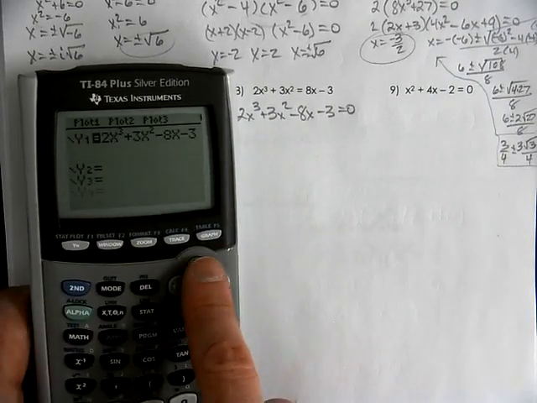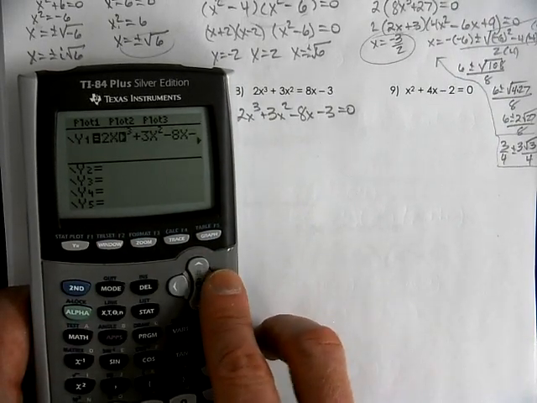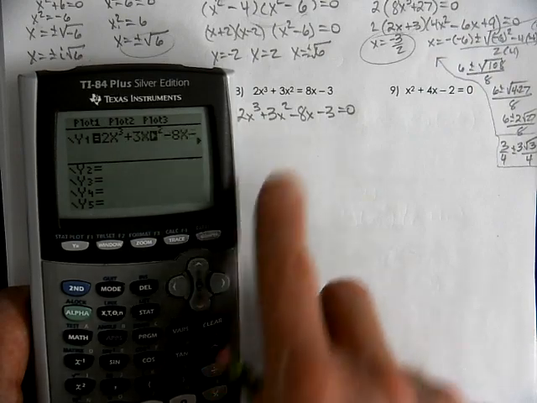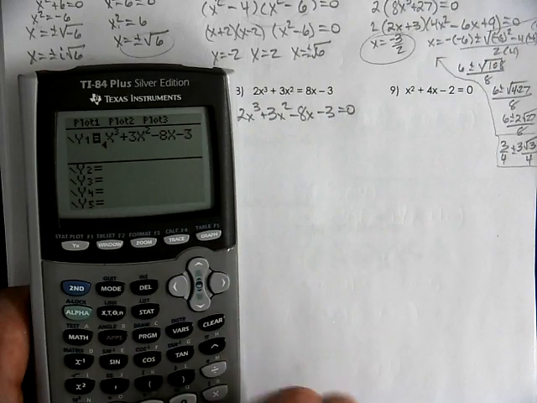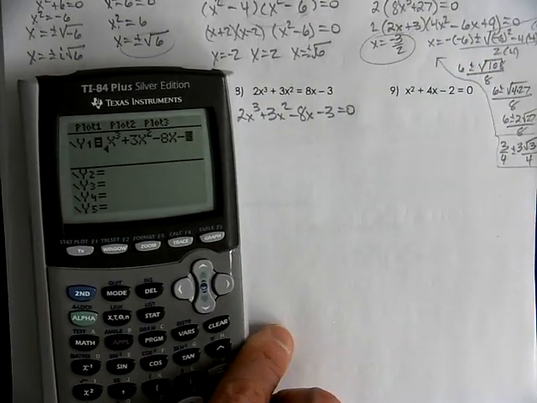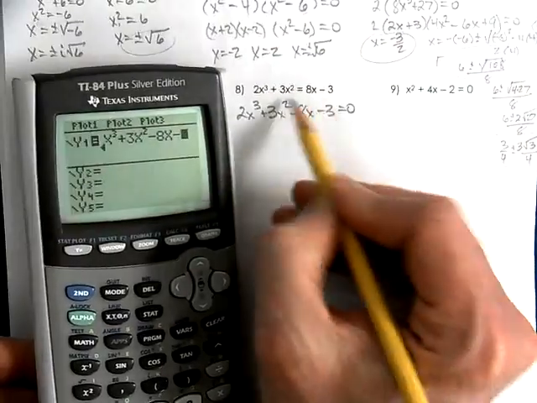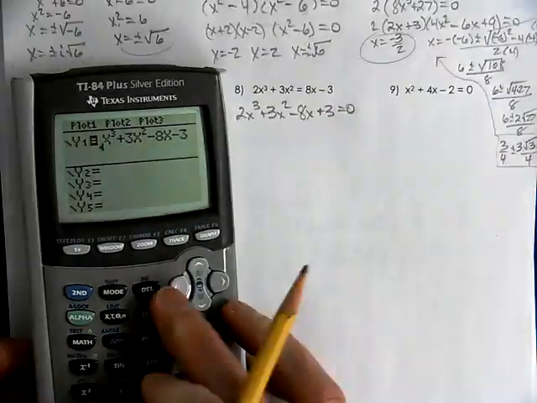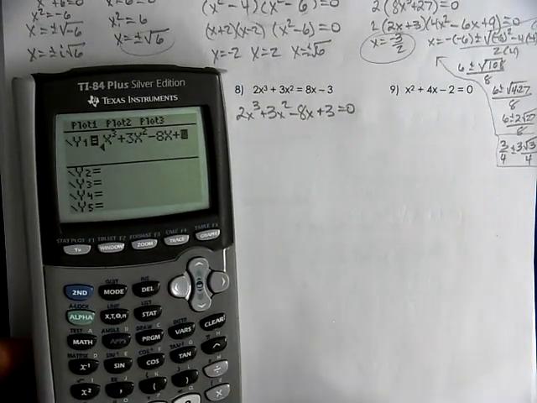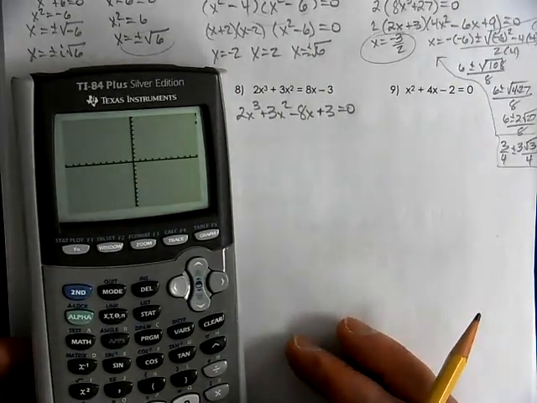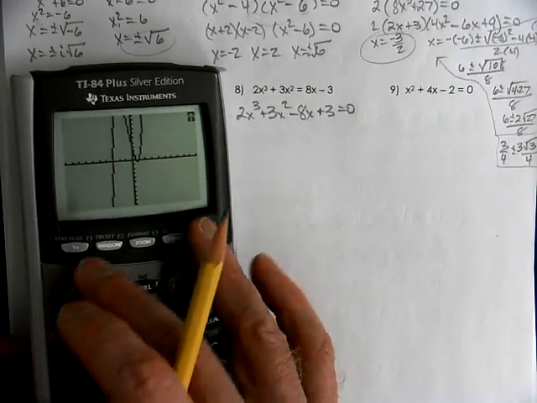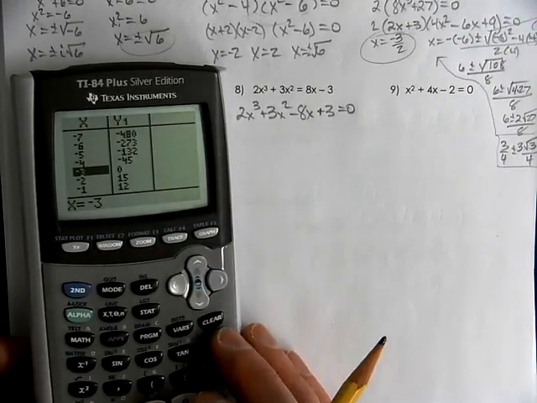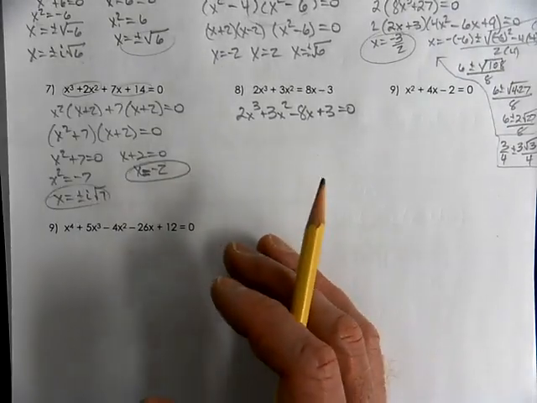Let's be sure I typed that in correctly: 2x cubed plus 3x squared minus 8x minus 3. Yes, when we add the 3 across, it would be a positive 3, so that positive 3 would have to be there. Now when we graph it, you see that it's going to go through some more nice clean answers. There it is. Negative 3 is at 0.